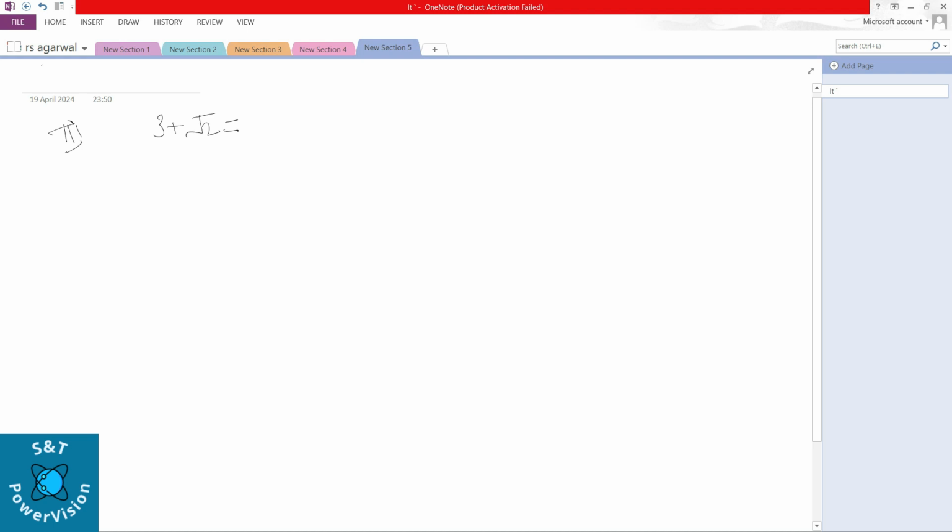So we'll assume that 3 plus root 2 is a rational number. If it is a rational number, we can represent it in the form of p by q. p by q has no common factor, and that is the simplest form. So we'll have the same approach here.